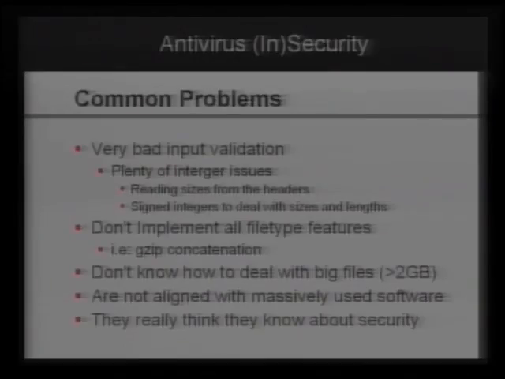Many antiviruses, actually most of them, if not all of them, when they deal with the integers that are the fields that describe the length of the data or the size that they are going to parse, instead of checking exactly what this section length or size is, they just believe whatever is here.